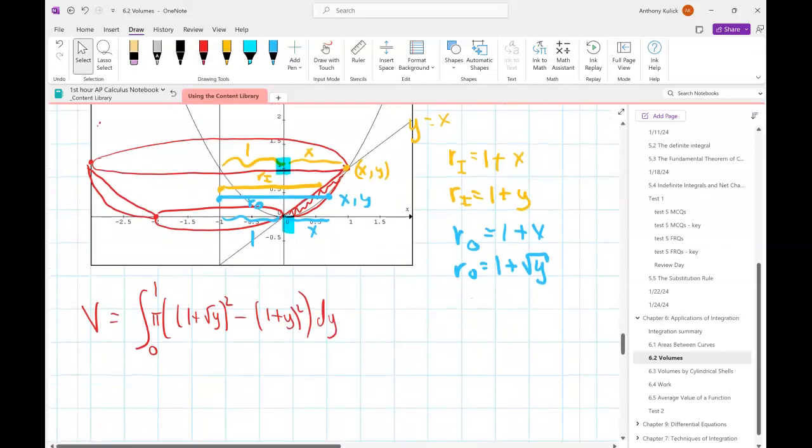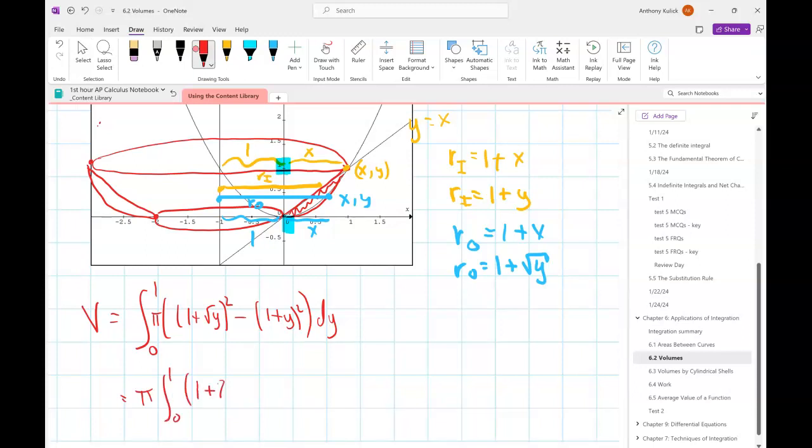Again, you could do a u substitution to do this, or you can just FOIL everything out. I think that's the route I would go because the foiling is not too difficult.